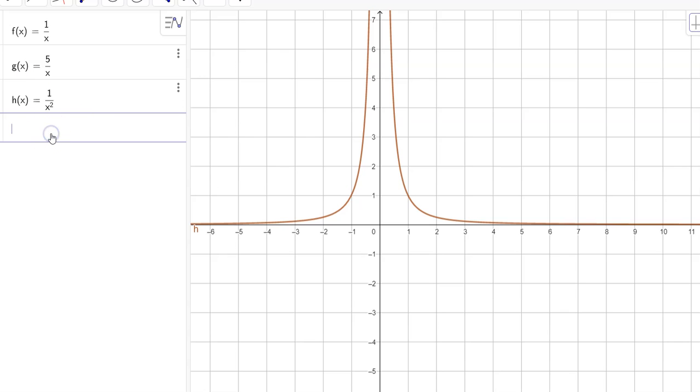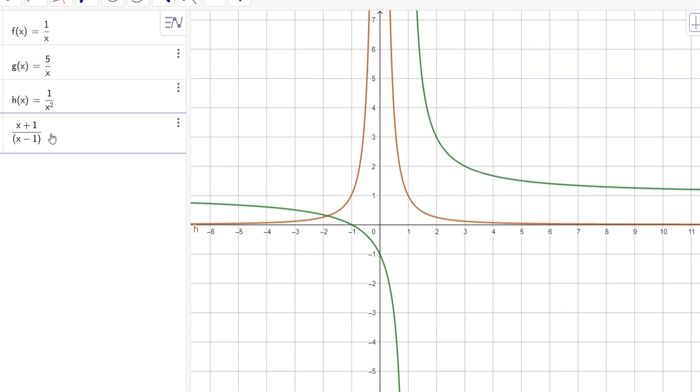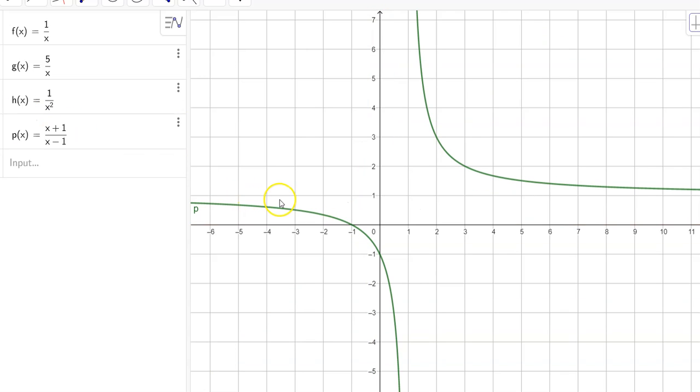And let's say we take, for example, this function, x plus 1 divided by x minus 1. And it looks like this. Okay, it looks similar to what we had for 1 over x, but it's not exactly the same.